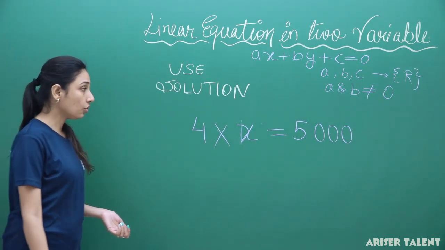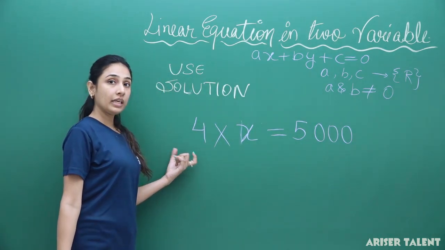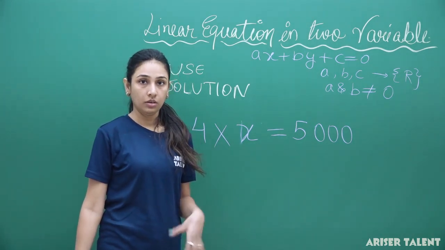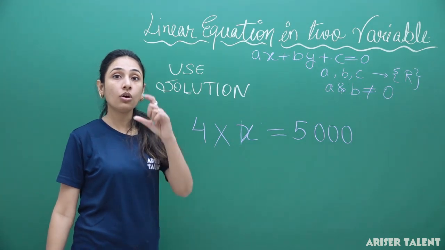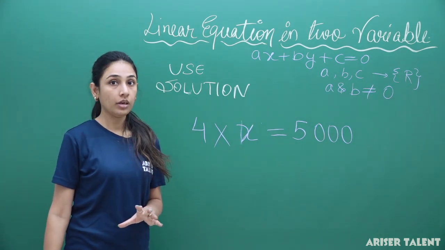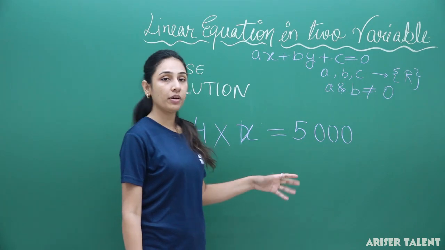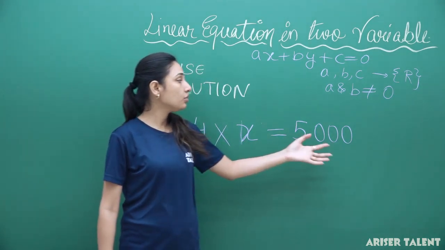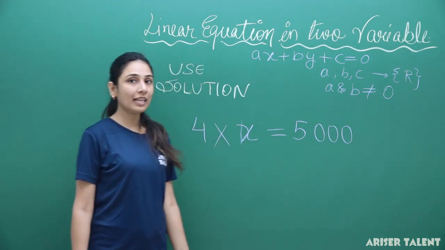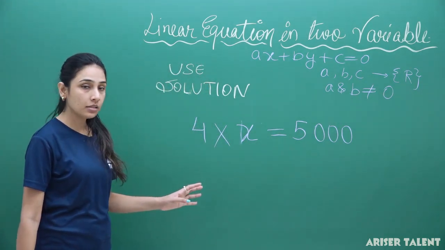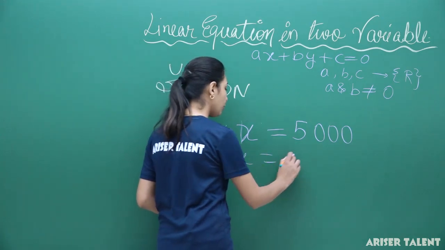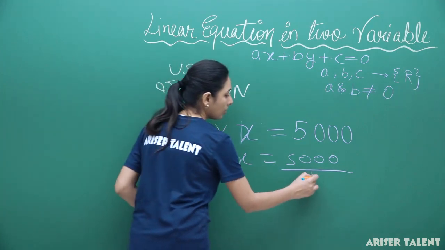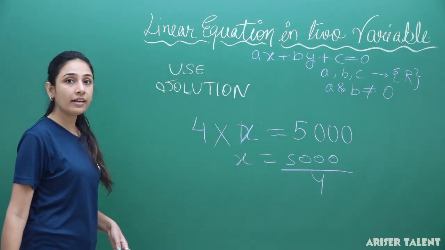If each and every nail paint had equal cost, what is the cost of one nail paint? I can write it in this format: 4x equals 5,000, where x is the cost of a nail paint. So you will tell me that x equals 5,000 upon 4, you are getting the answer.